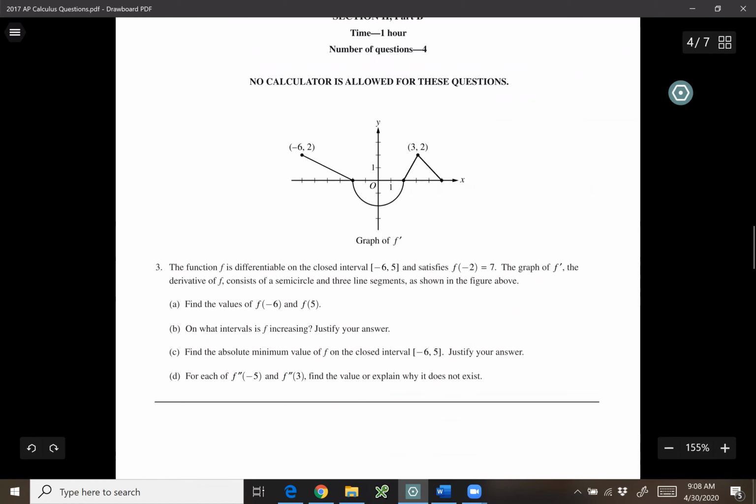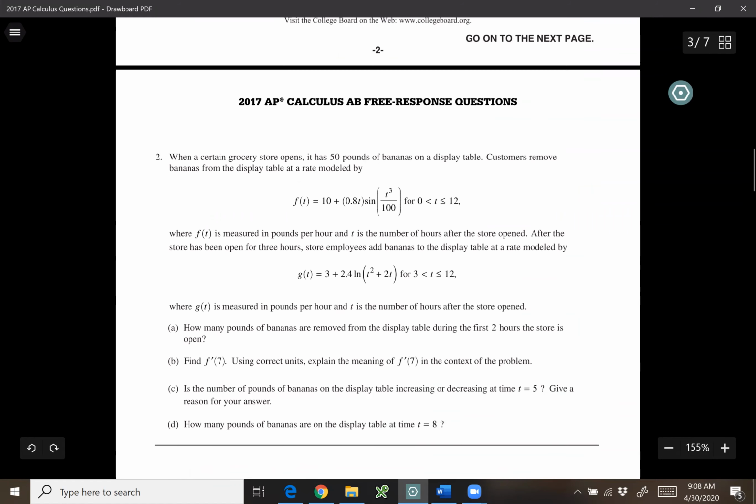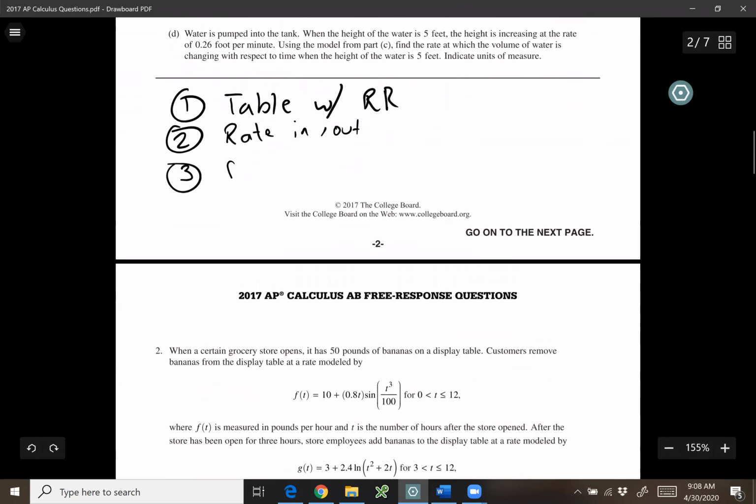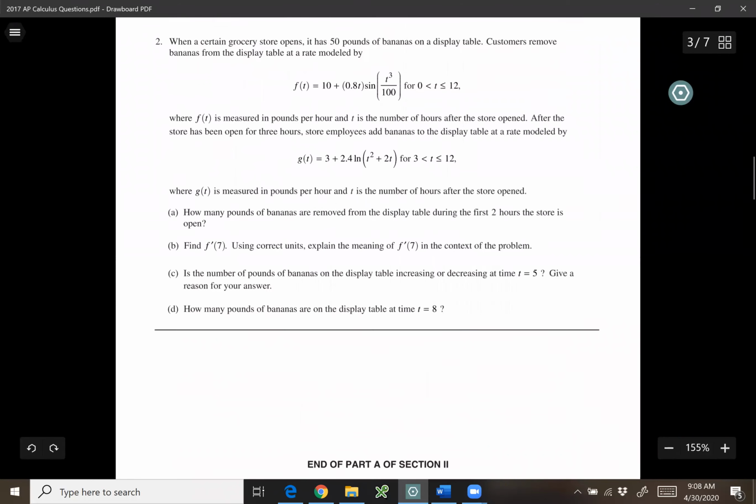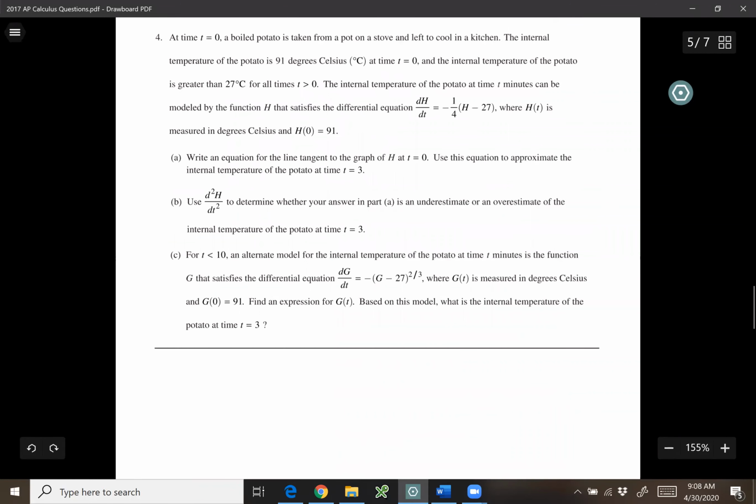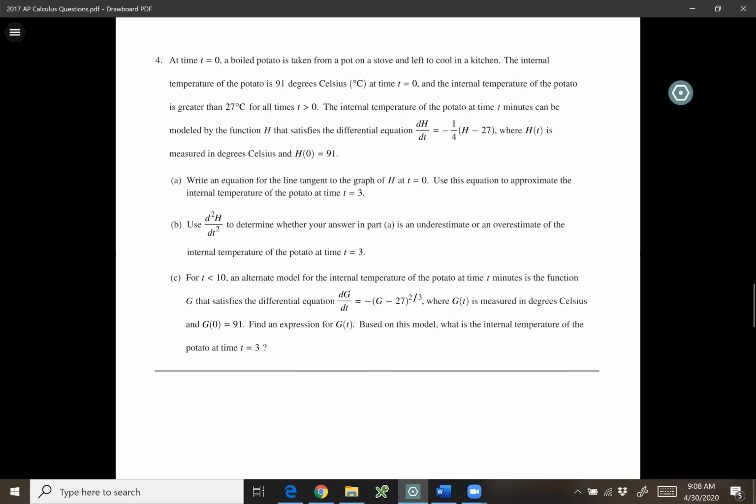Number three is another one of these graphs of f prime. Sometimes you'll see these called stem graphs, but I just call them f prime graphs. And then number four was another one that triggered a lot of students because we had this formula for a baked potato.